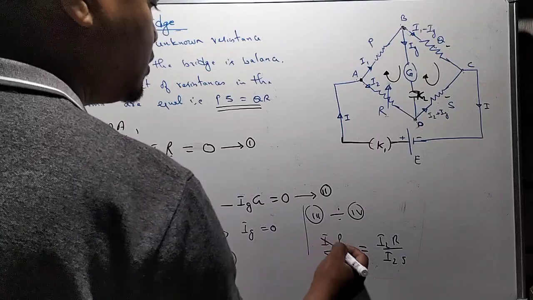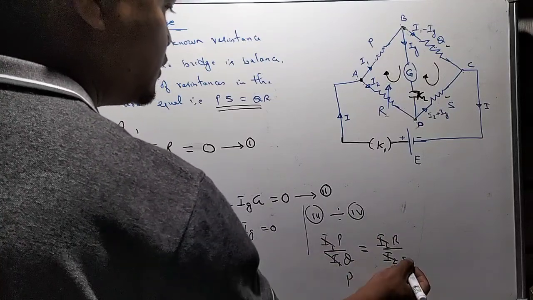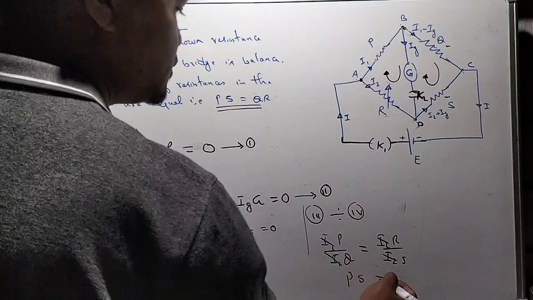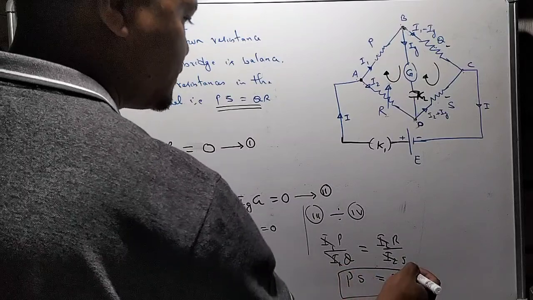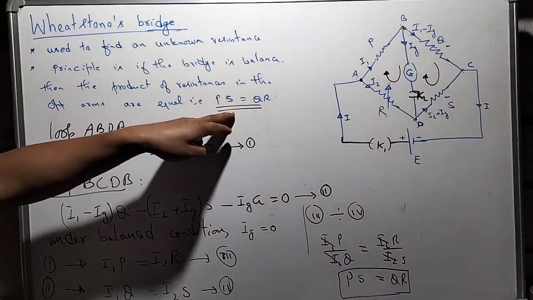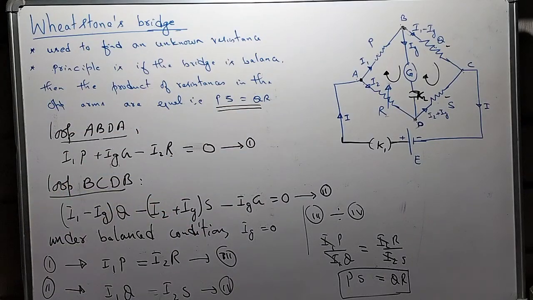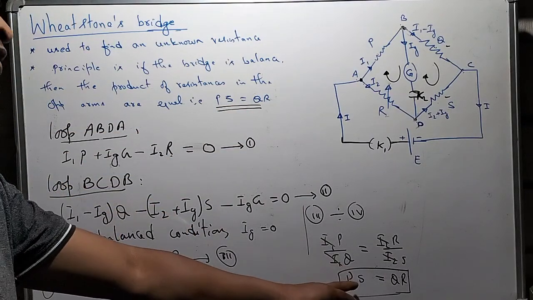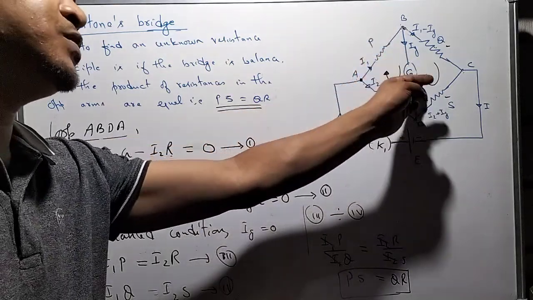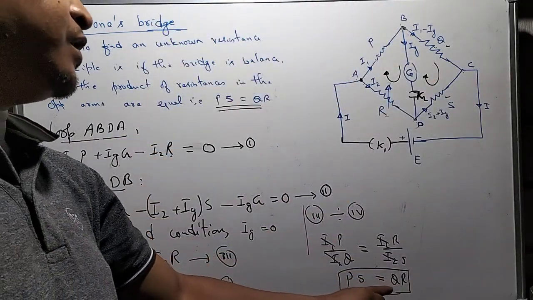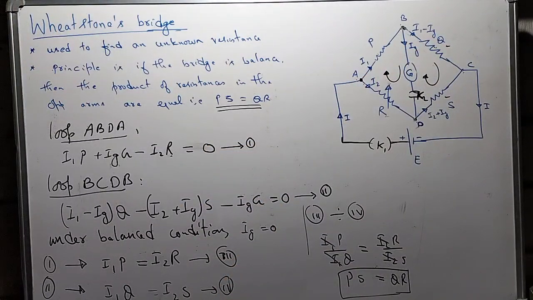Now this I1 cancels, I2 cancels, so you get P into S equals Q into R. This is the balance condition of the Wheatstone bridge. Please remember, when the bridge is balanced, PS, the product of resistances in the opposite arms, is equal to QR, which is also the product of resistances in the opposite arms.